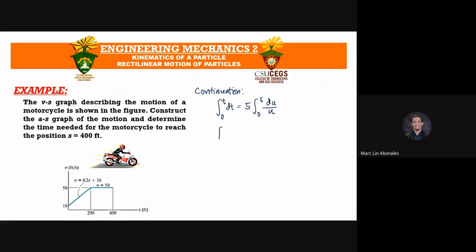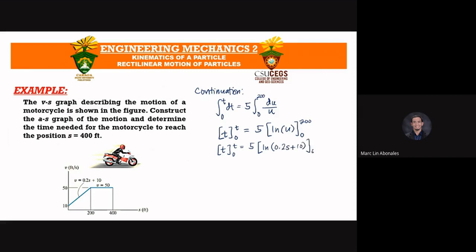So this is t from 0 to t, and this is ln u from 0 to s. And then we substitute the equivalent of u, with 200 for the upper limit. So the equivalent of u is 0.2 s plus 10.